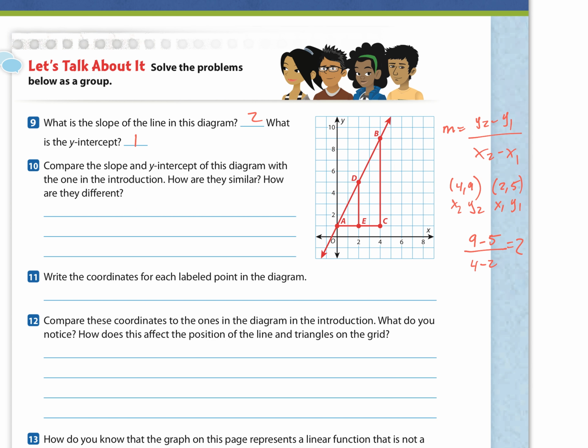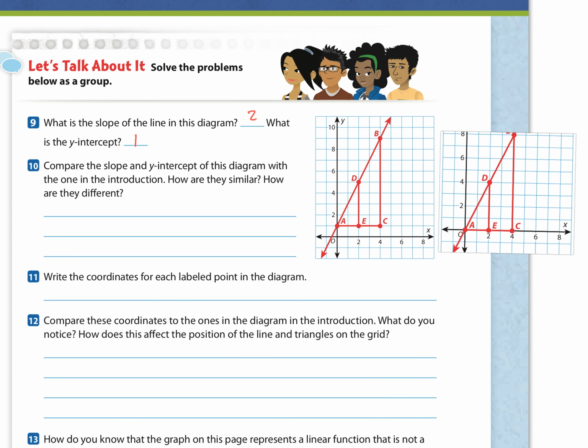Compare the slope and y-intercept of this graph with the one in the Introduction. How are they similar? How are they different? Okay, so the image from the introduction is the right one. Can somebody tell me how are they similar? How are they different? Kimberly. They are similar because they have the same slope. That is correct.